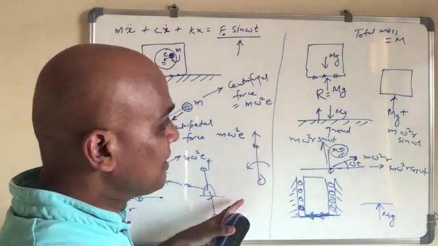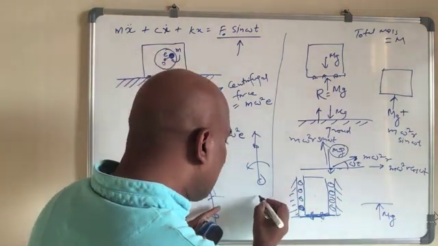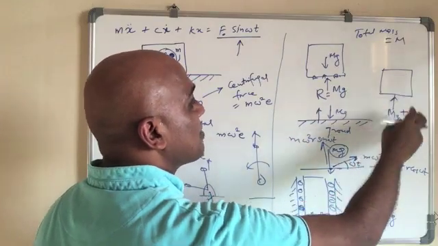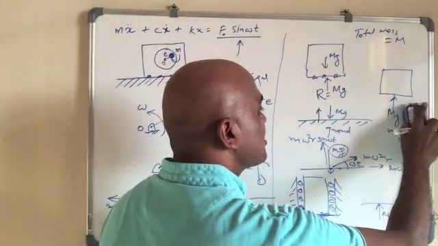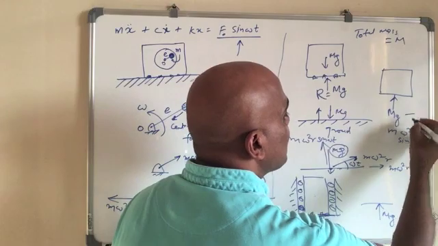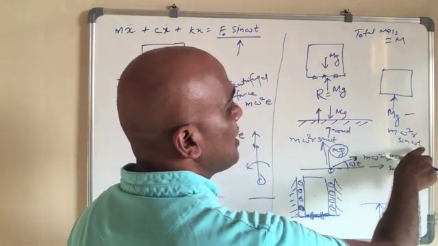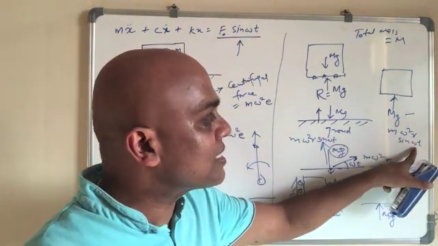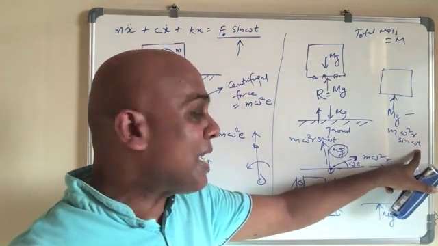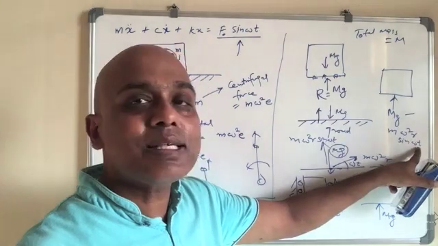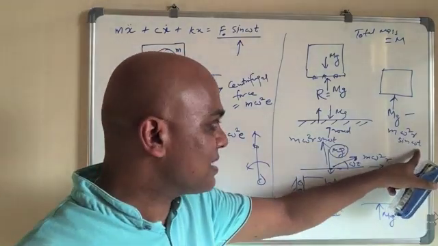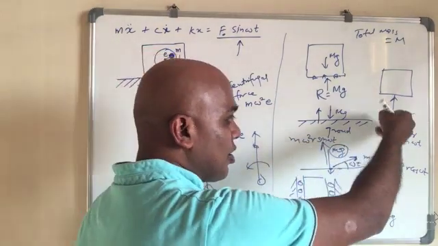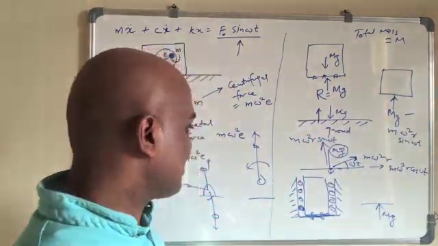In that case the force felt here will be less than mg, so the value will be mg minus m omega square r sine omega t. When sine omega t is equal to 1, that is when sine is 90 degrees, you feel a lower reaction, right?